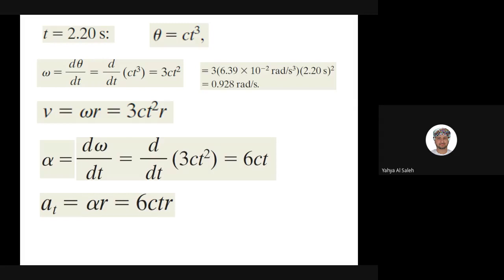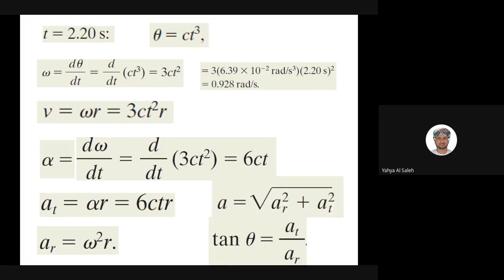And then to find a_t, I simply multiply it by r. For a_r, omega squared r. And my acceleration will be taking these two components together in quadrature. Any questions?